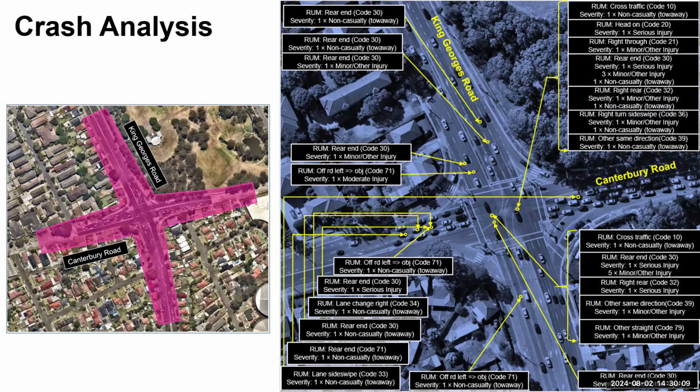So in that case, we come up with anticipated crash savings based on our professional judgment. For example, if there are more rear-end crashes, and then we have an additional right turning lane, there is a possibility that those crashes might get reduced.